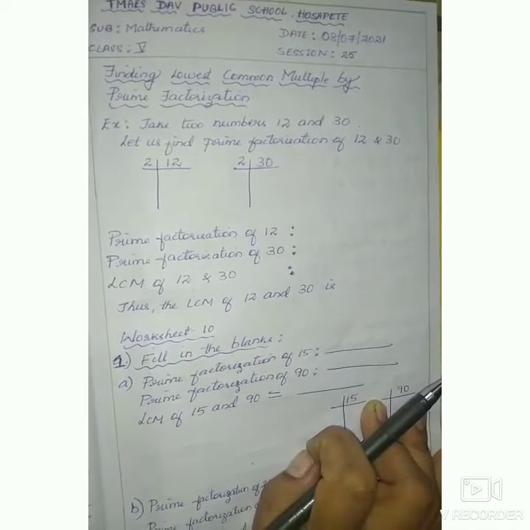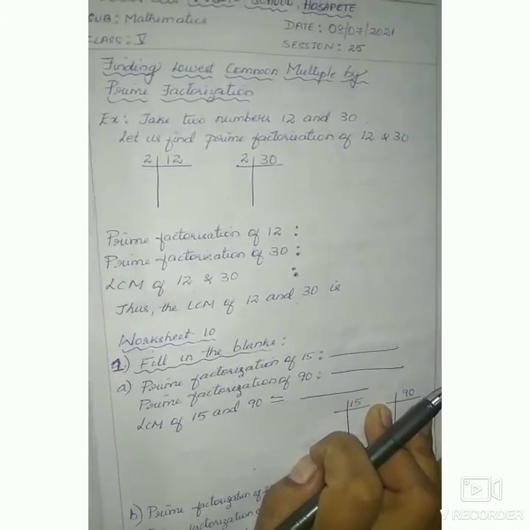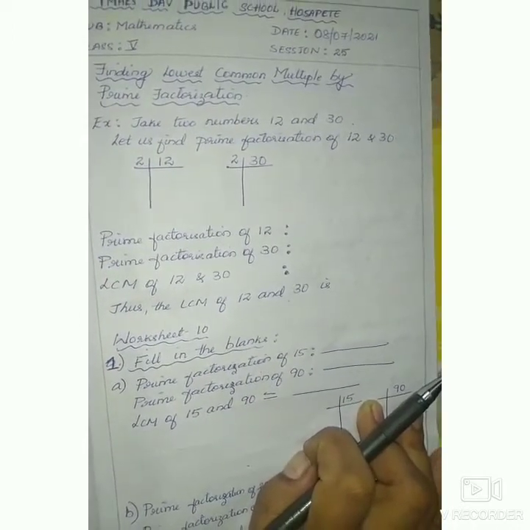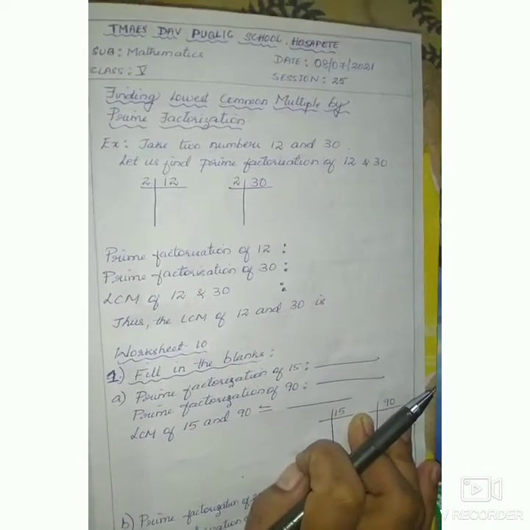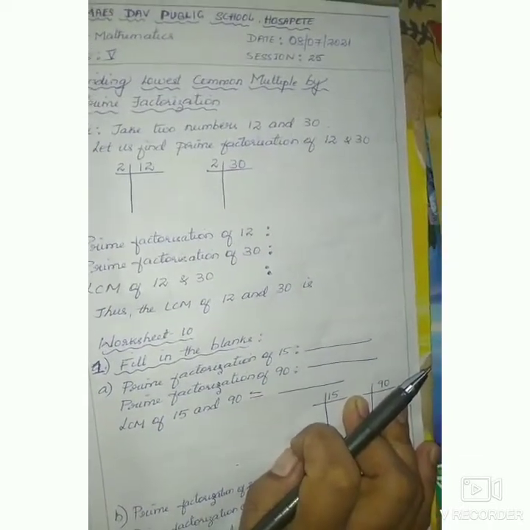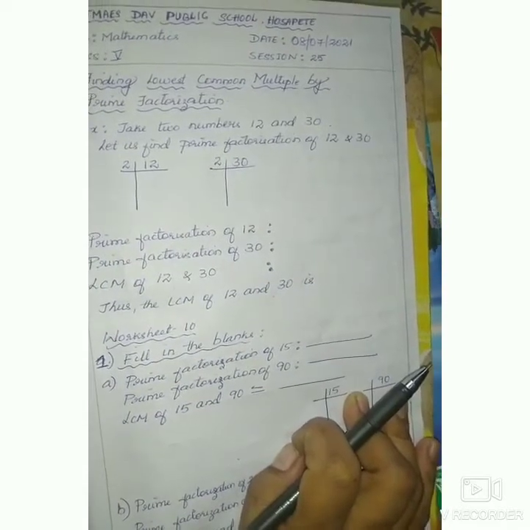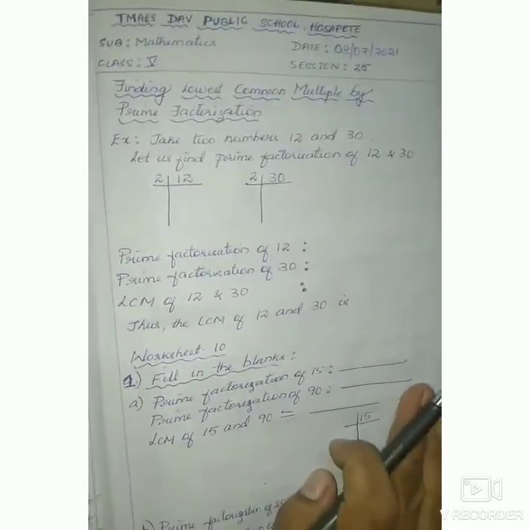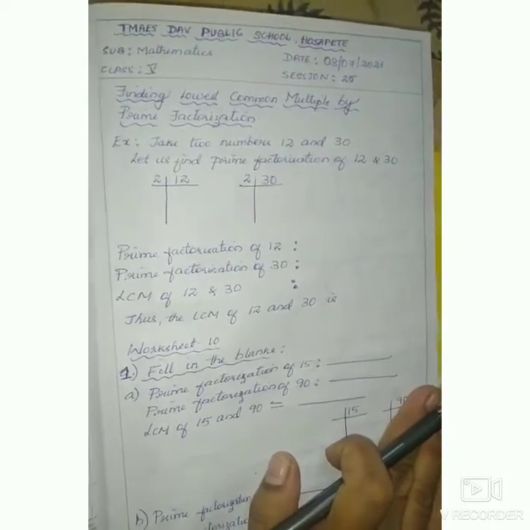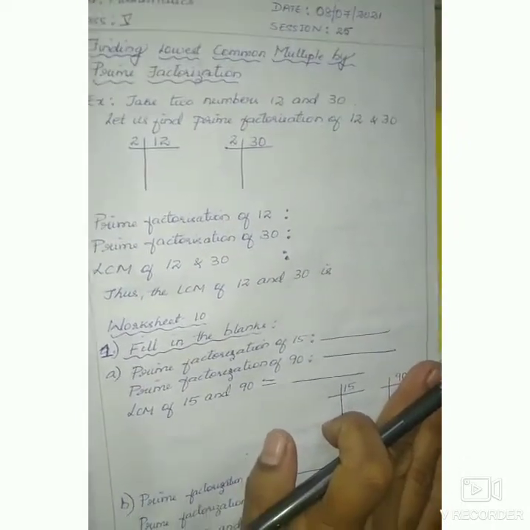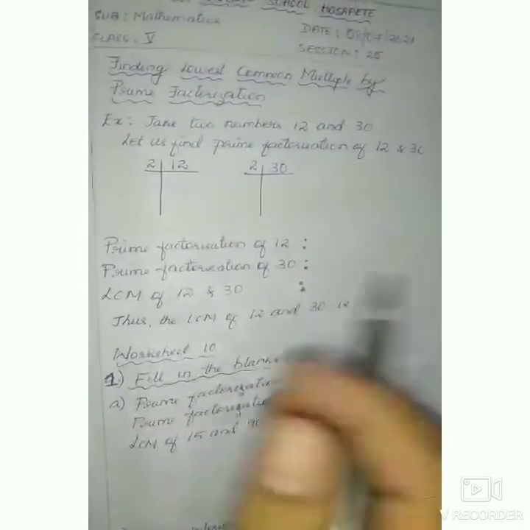Now here take the numbers 12 and 30 for example. Let us find the prime factorization of 12 and 30. We have two methods that we learnt in the last session: the factor tree method and the division method. Here we follow the division method.